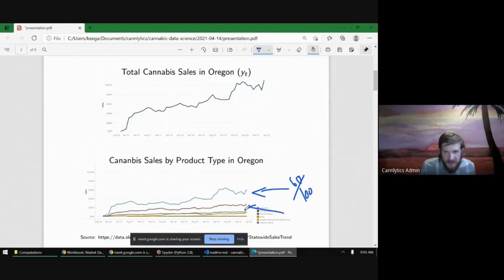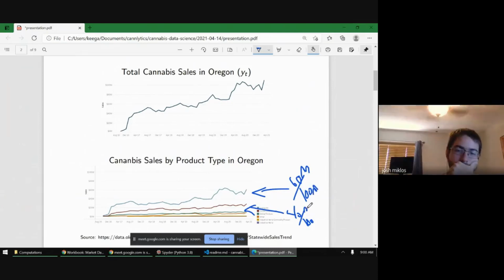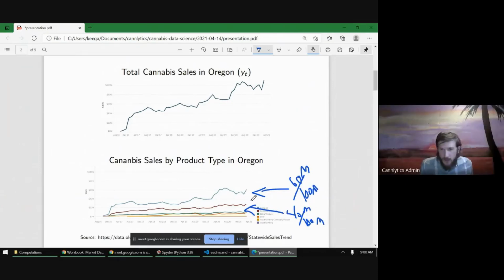And then we'll just say concentrates is 40 out of 100 million. So what we're basically saying is the consumer's basket is 60% flour and 40% concentrate.